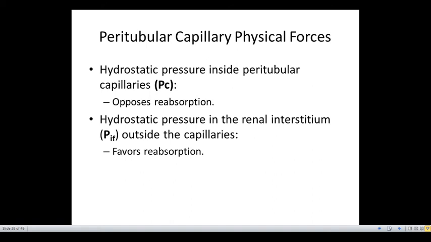Number two, hydrostatic pressure in the renal interstitium, PIF, outside the capillaries, which favors reabsorption into the peritubular capillaries.